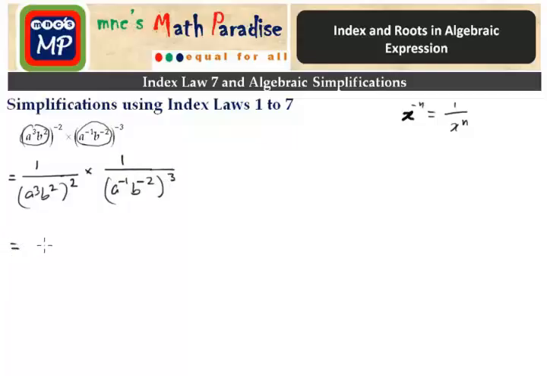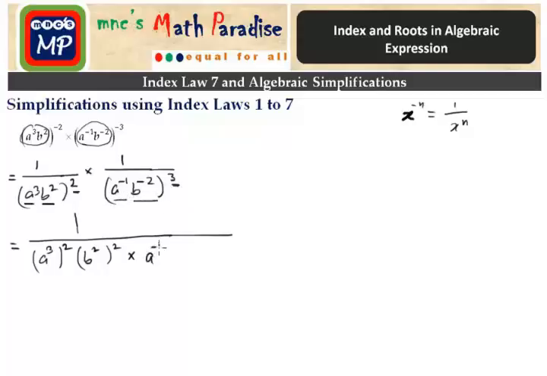Now 1 times 1 will be 1. Here this power 2 will distribute over a cube and b square. So it will be a cube to the power 2, times b square to the power 2, and then here this power 3 will be distributed over a to the power -1 and b to the power -2.